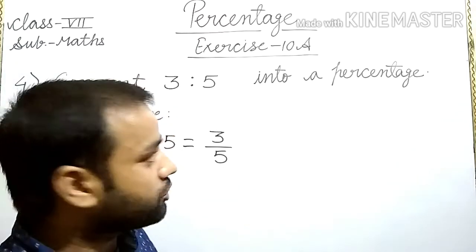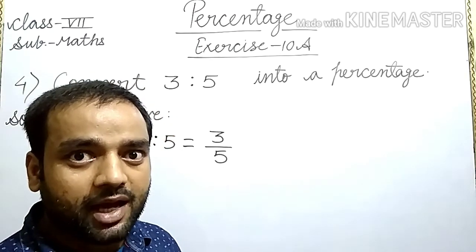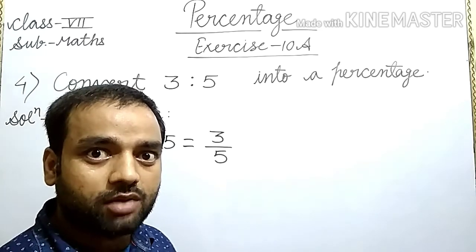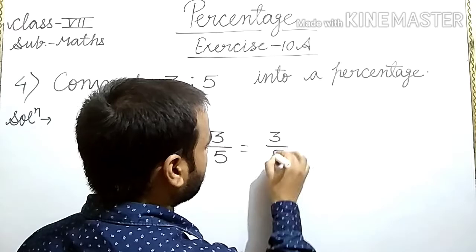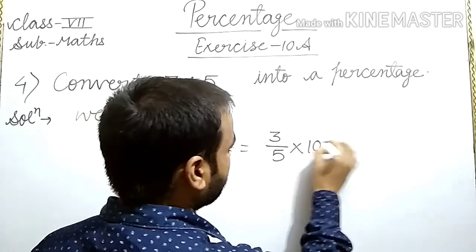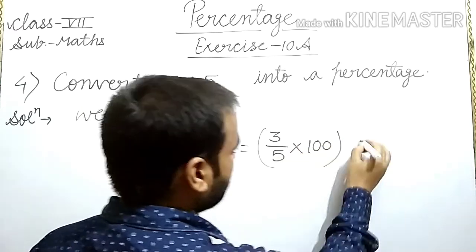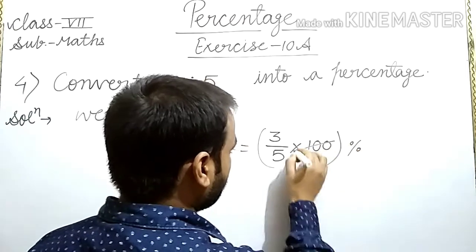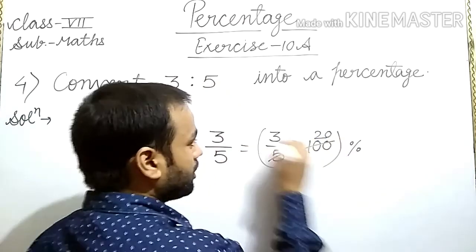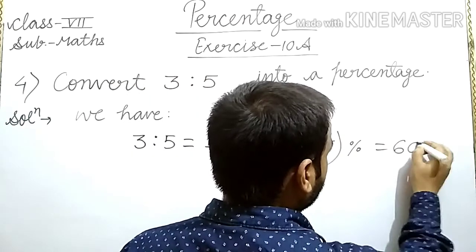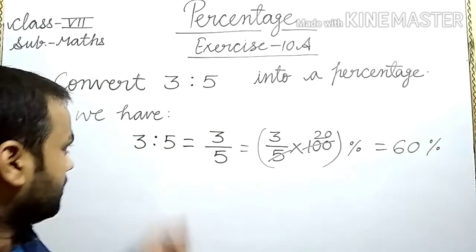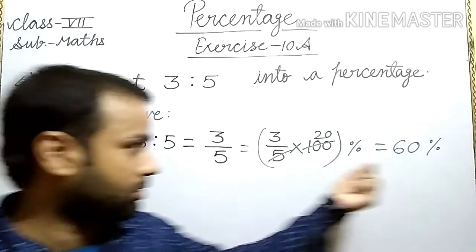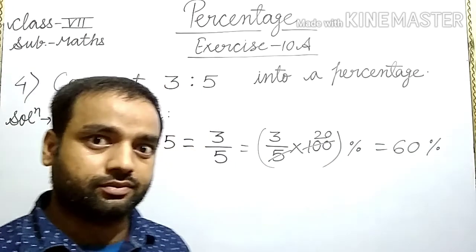To convert the fraction into a percentage, we multiply by 100 and put the symbol of percentage. Means 3 by 5 into 100 and put the sign of percentage. 5 twenties are 100, 3 twenties are 60%. Lastly, we get 3 is to 5 is equal to 60%.